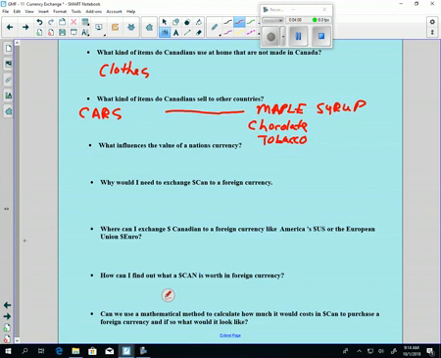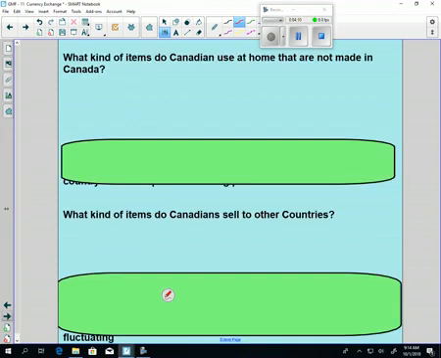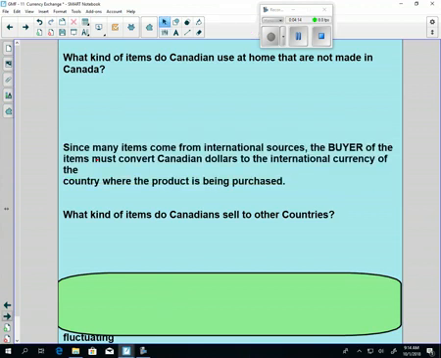So I got through a few examples here, some of the items that are not made in Canada. What happens when we buy things like cameras or televisions, from stores like Walmart, Staples and that?